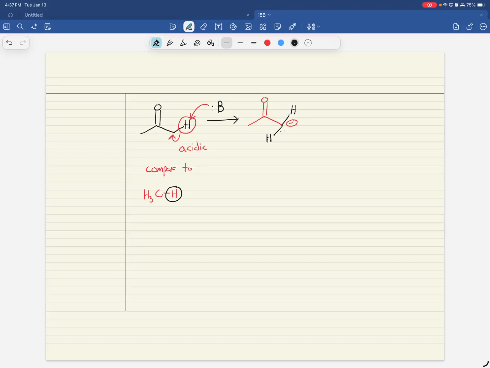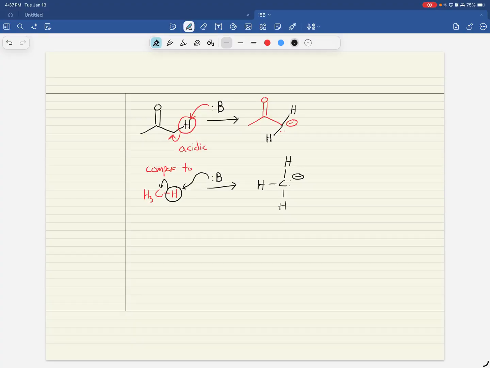So it's missing a hydrogen. It has a lone pair, so it has an excess of electrons. Now, if I compare that with this conjugate base, say I use a base and removed this hydrogen, I get a carbon ion that's not very stable.